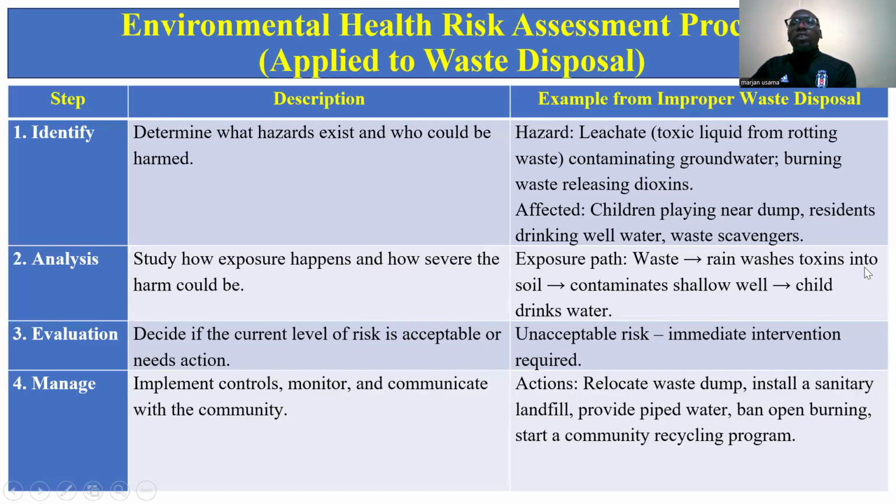Rain washes toxins into soil. Then it can also contaminate shallow wells, that is the water sources. And the children are going to drink the water. So that is how we analyze the exposure and how severe. Severe basically means the magnitude, the degree of danger.